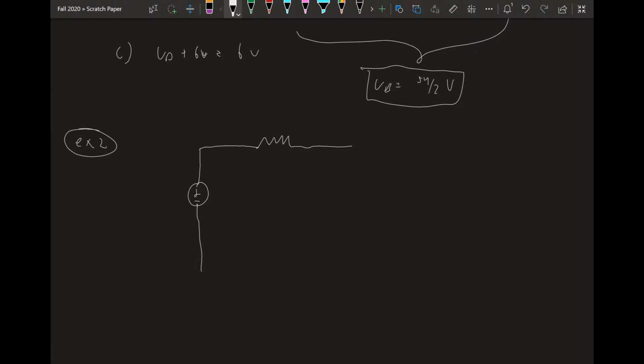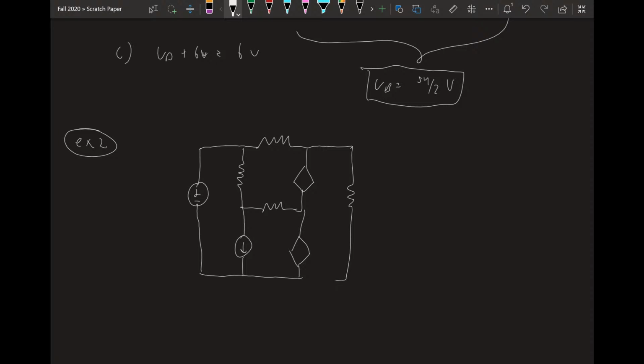So I'm going to throw in some dependent sources now, because those are a bit hard to deal with. Or maybe they're not. Dependent source there. Dependent source here.